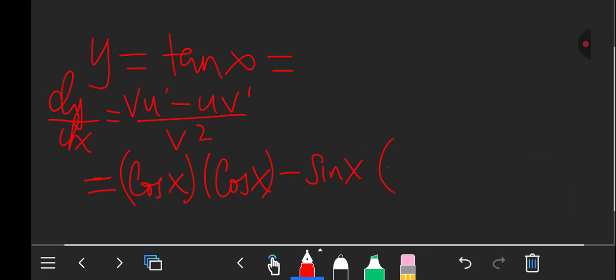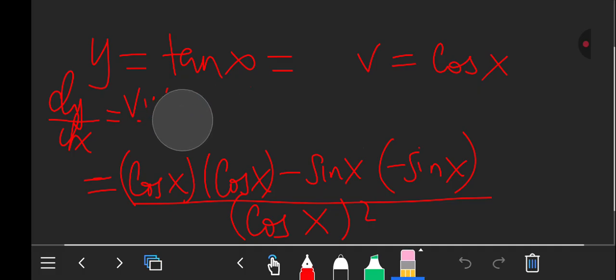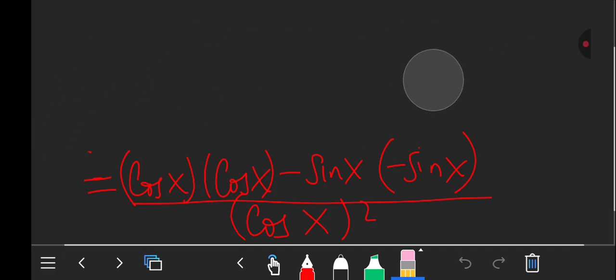Our v prime is negative sin x, over, remember v was cos x, so v squared, so we're going to say over cos squared x. So I can get rid of this.